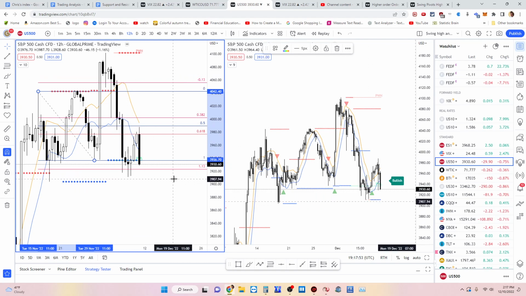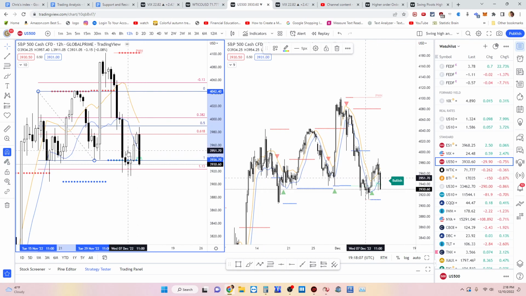So then it's pretty simple of where rejection could happen. And that's pretty much it, I thought. And then I used the moving average channel in conjunction with that on the 10. So yeah, that's pretty much it.